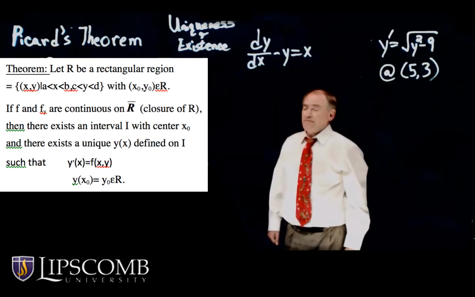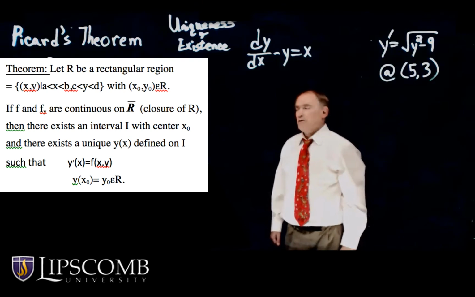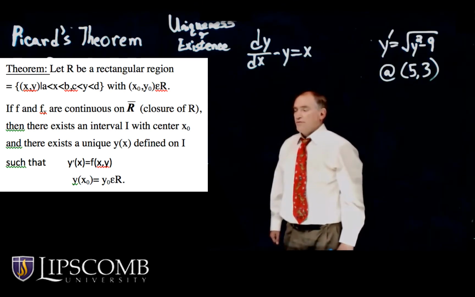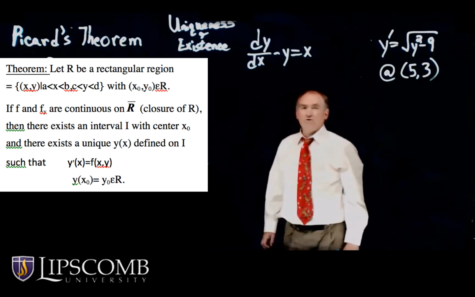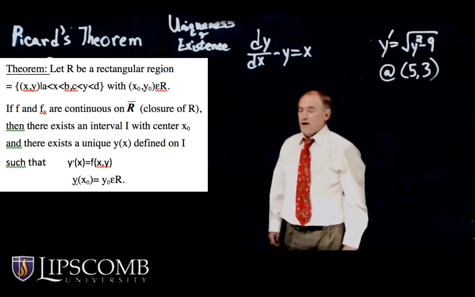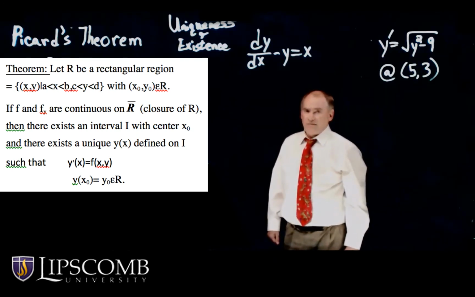If f and the partial of f with respect to y are continuous on R, then there exists an interval I centered at x sub 0 and a unique function y of x defined on I satisfying the IVP dy/dx equals f of (x, y) and the initial condition y of x sub 0 equals y sub 0.